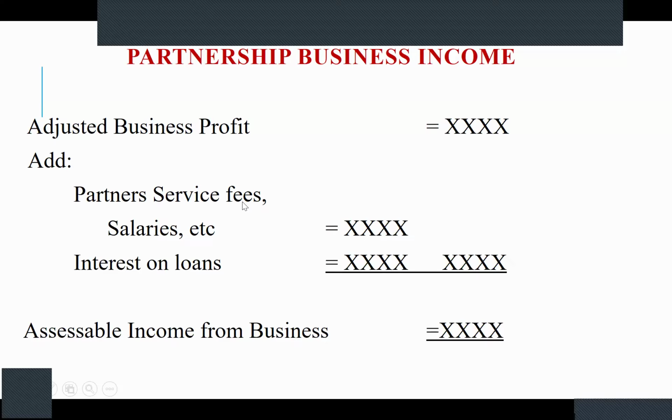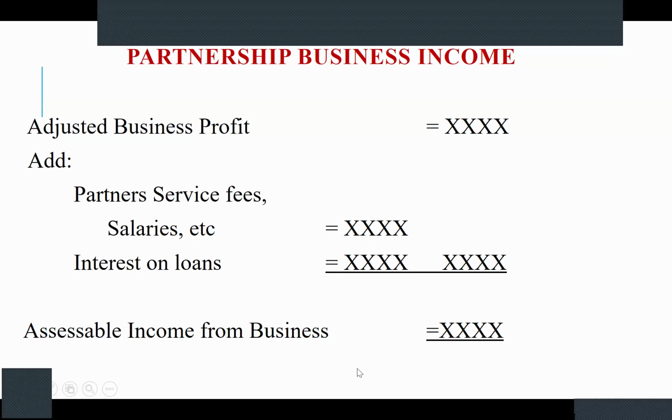Therefore, payments made to the partner as a service fee, including salary, and as interest on the loans provided to that partnership are not deductible. Therefore, we should add back such expenses to the profit to calculate the assessable income from business.